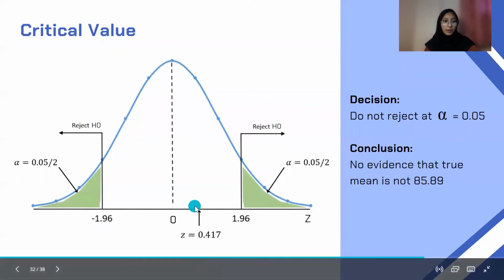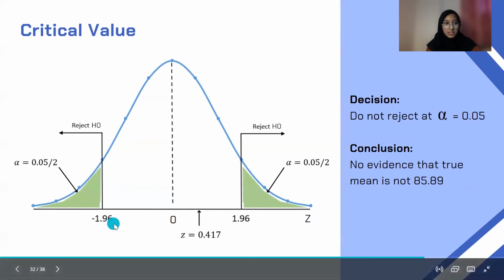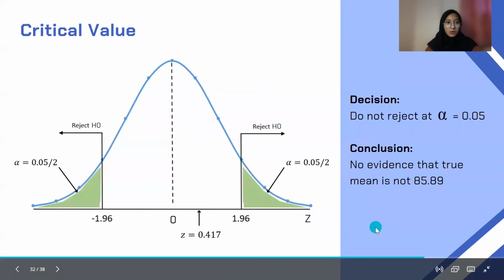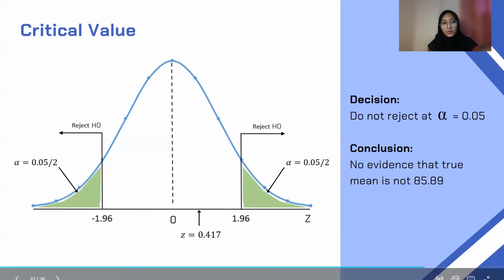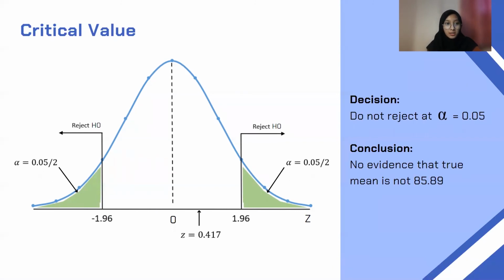Okay, so draw the curve, and these are the critical regions. These two green areas are the critical region. If the test statistic, or the Z value, falls in the critical region, or in the green area, it means that we have to reject the H0.